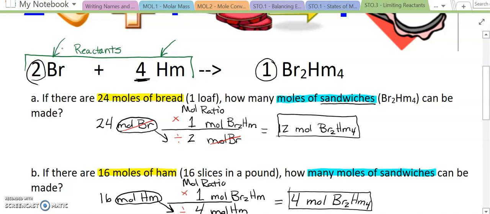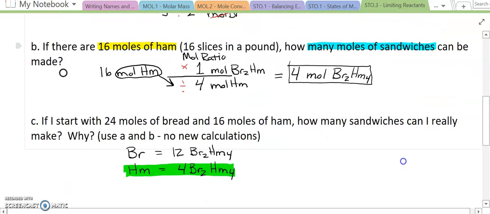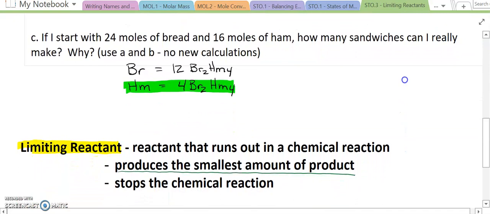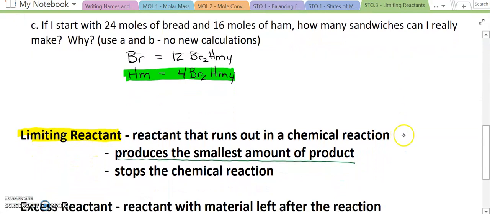And yes, there are chemical reactions that use 3, 4, and 5 ingredients, but we usually focus on 2. So the limiting reactant in this equation is going to be the ham, which is the ingredient that produced the smallest amount of product, and it is the one that ran out in the chemical reaction. No more ham.